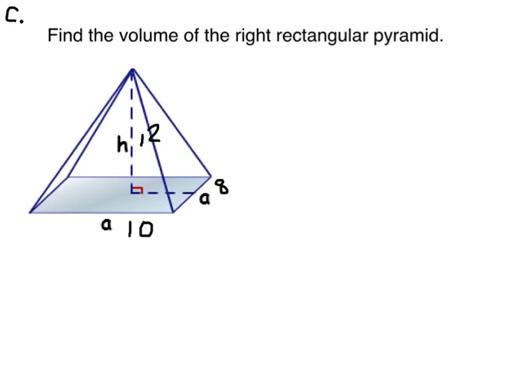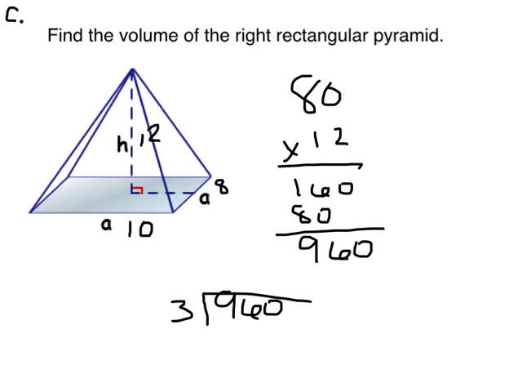All right, C says find the volume of the right rectangular pyramid. So we're going to find the area of the base, which would be 10 times 8, which is 80. We're going to say 8 times 10, which is 80, and then that times the height, which is 12. 80 times 12 is 960.